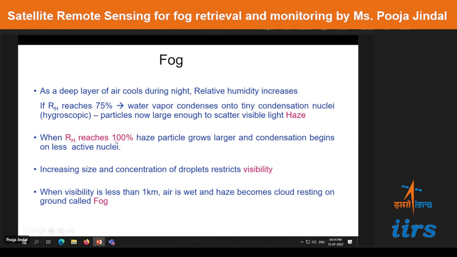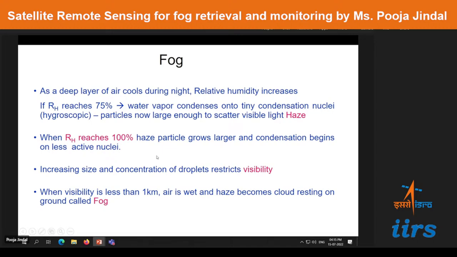If the relative humidity reaches around 75%, water vapor starts condensing onto tiny condensation nuclei, right? And the particles become large. If these particles are large enough to scatter some visible light, it will reduce the visibility, right? But because the visibility reduction is small, meaning at least 2 kilometers is there, up to that point the situation will be called haze.